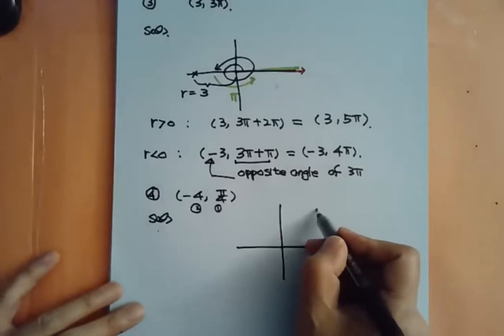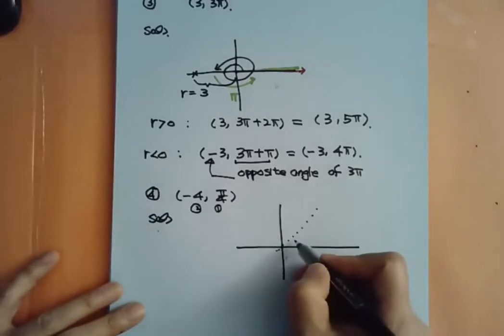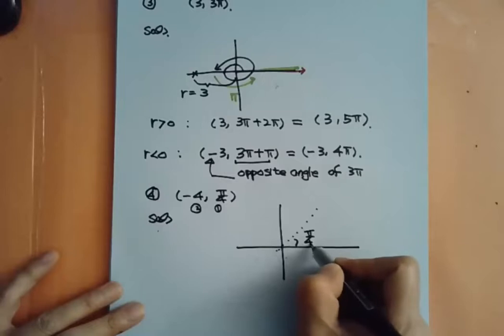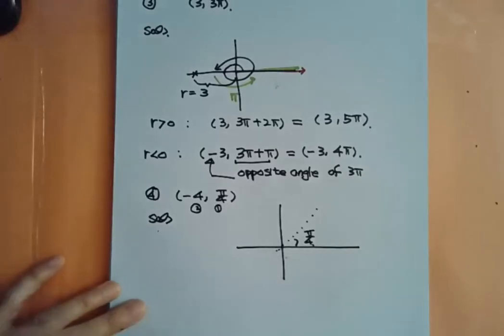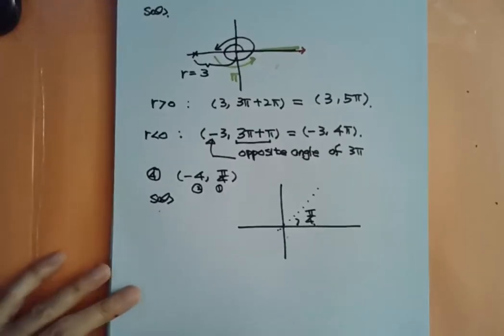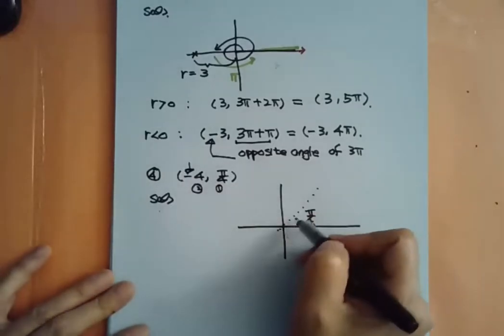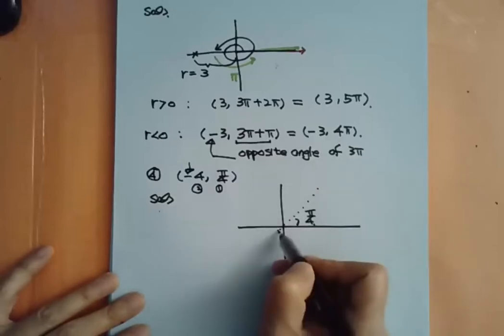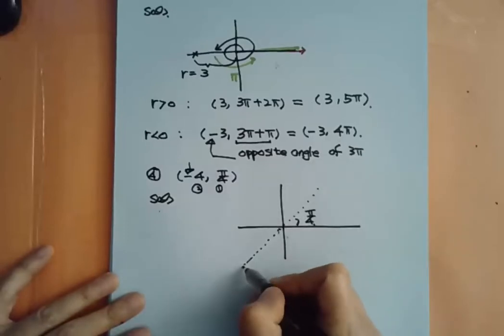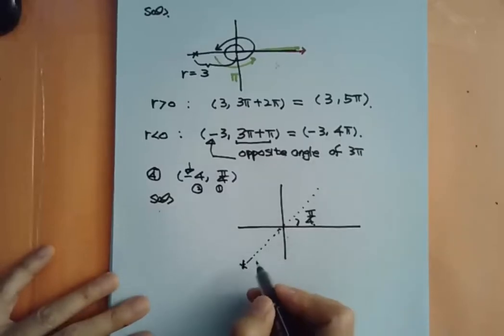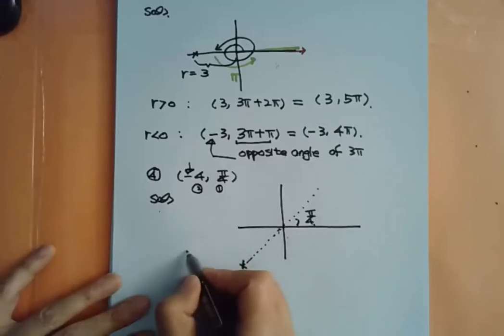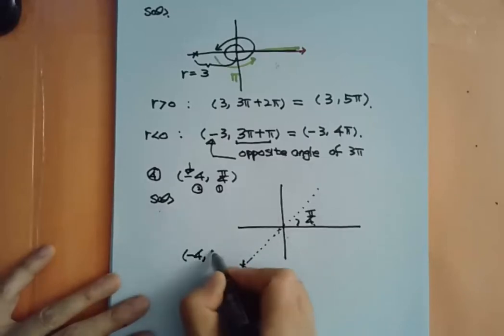So the angle is located in the first quadrant, and that is pi/4. And we have to plot it, but this time this is a negative distance. So instead of going toward the angle direction, we will go the other way. And when it becomes distance 4, we plot there, and then that is -4 and pi/4.